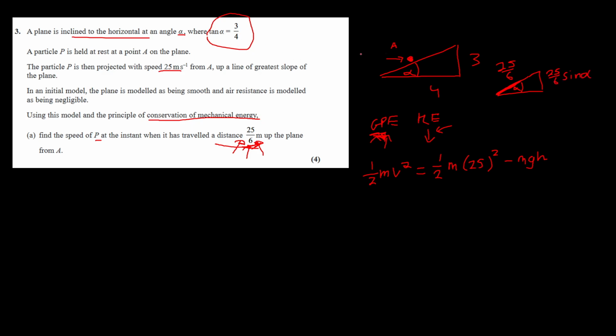And sine of alpha we can find out because we're given that tan of alpha is 3/4, which means that its hypotenuse is 5 units. So sine of alpha is going to be 3/5. So its height is going to be 25/6 times 3/5, and that equals 5/2.